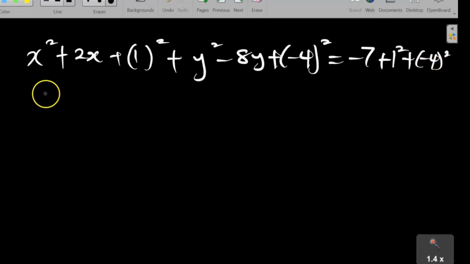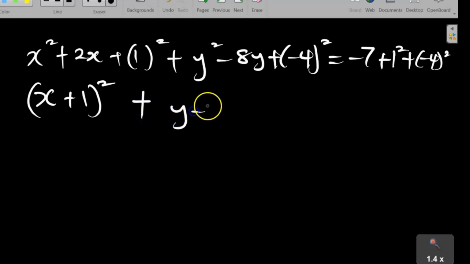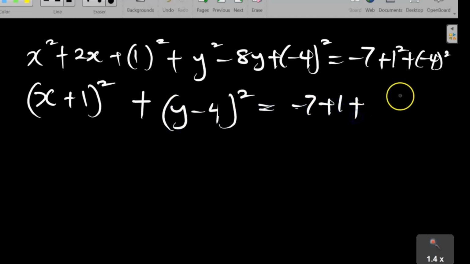So let's factorize. We have (x plus 1) all squared plus (y minus 4) all squared to give minus 7 plus 1 plus, minus 4 squared is 16.